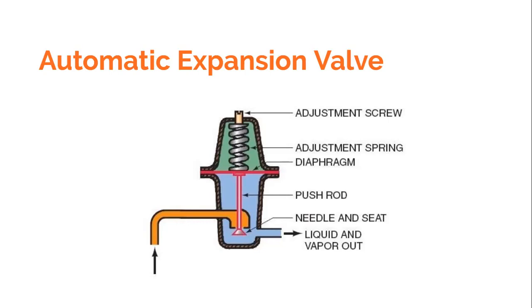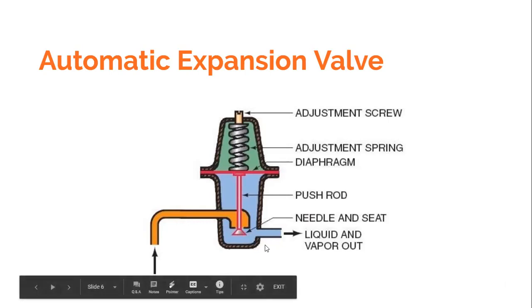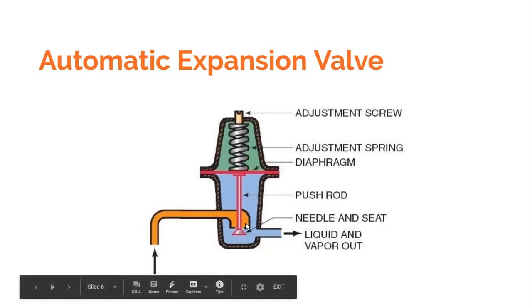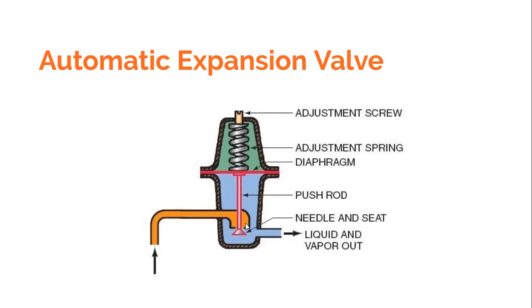In the other two valves, which I am going to explain, you will find that the passage through which the refrigerant flows, that area, that diameter, or that cross-sectional area can be changed, and this can be done by using a needle arrangement. So an automatic expansion valve is a variable restriction valve. That is, the restriction can be changed by using a needle arrangement.